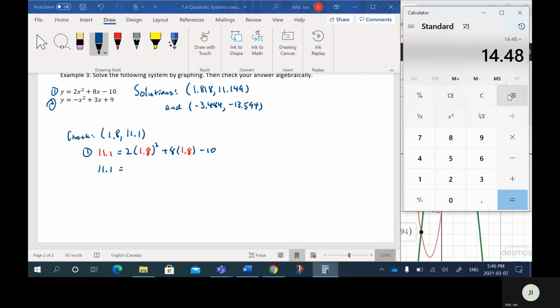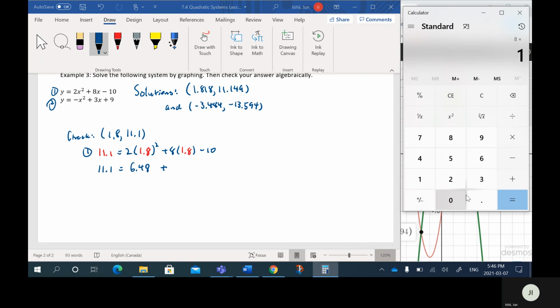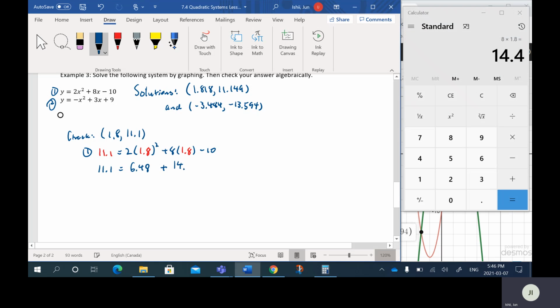I'm going to have to break this down into pieces. All right, so 2 times 1.8 squared equals 6.48 plus 8 times 1.8 is 14.4 minus 10.